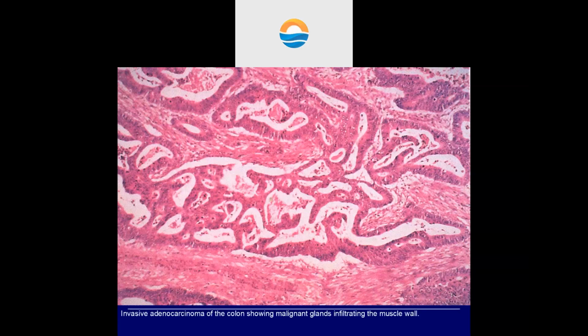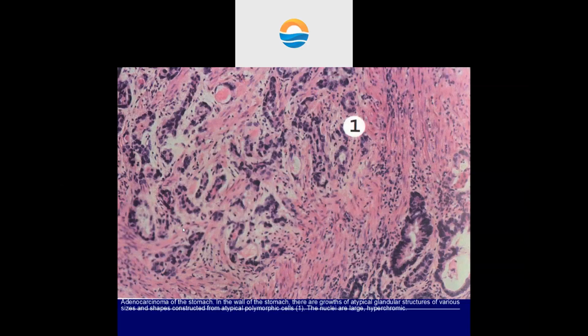Invasive adenocarcinoma, I have already shown you this picture. Adenocarcinoma of the stomach, and you see here the poorly differentiated adenocarcinoma. So you see the atypical glandular structures of various sizes and shapes constructed from atypical polymorphic cells, here under number 1.